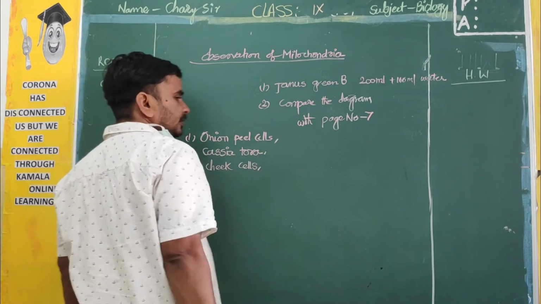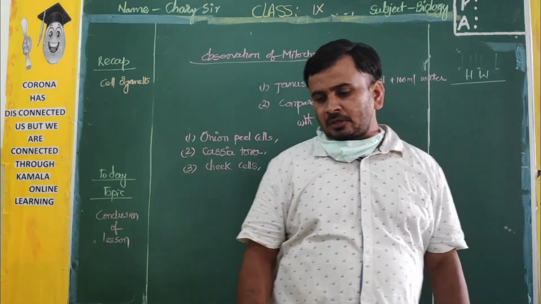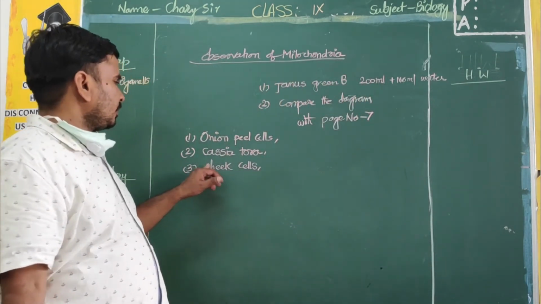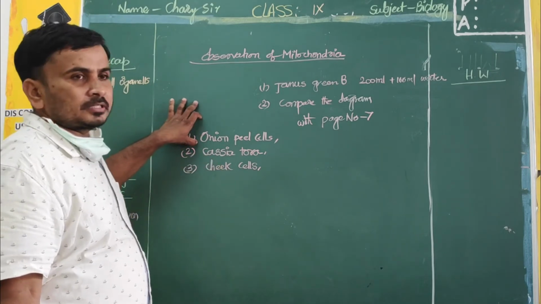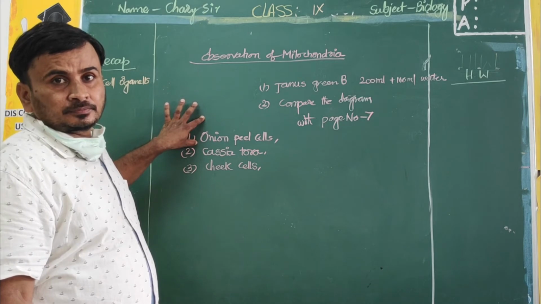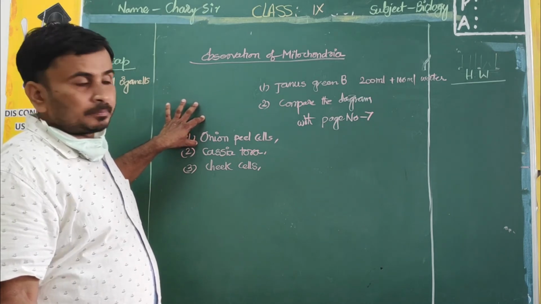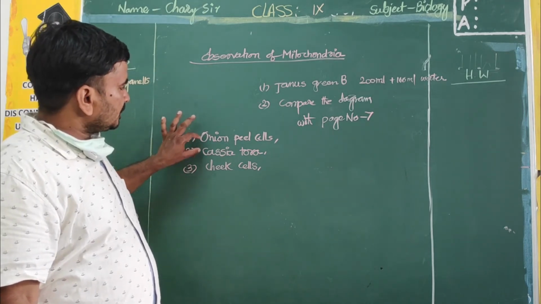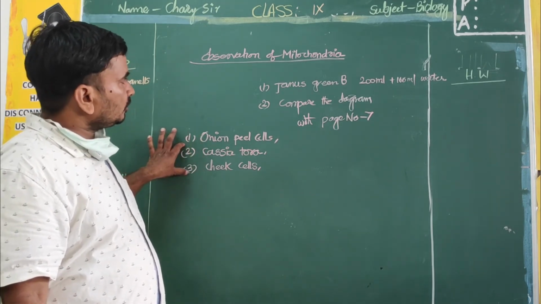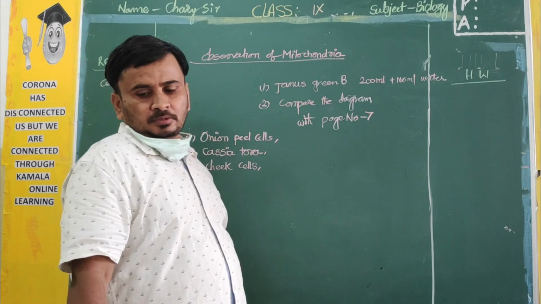Next one is cheek cells. Okay, so these are the things you have to remember: onion peel cells, cassia tora, cheek cells. These three things you have to take and experiment with.